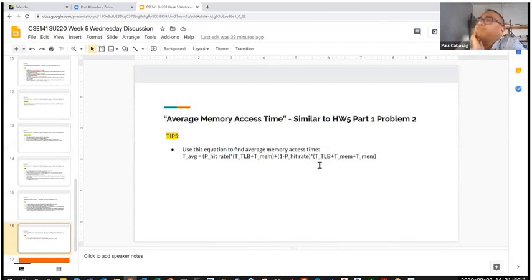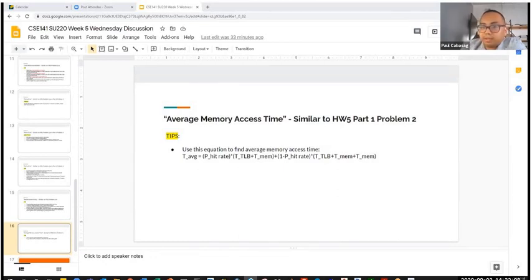And then there are other questions about, let me see, I can show you guys this. The disk access time, and it does give you that equation: T data equals T seek plus T rotation plus T transfer.